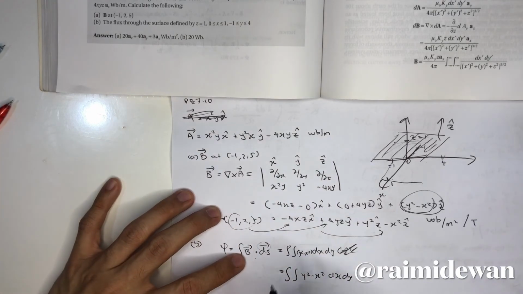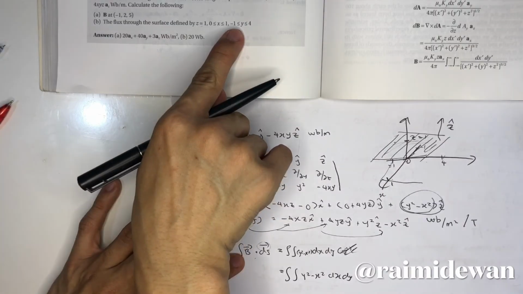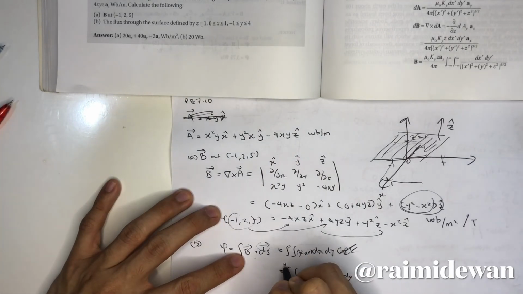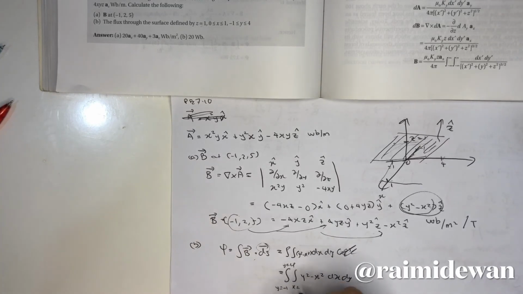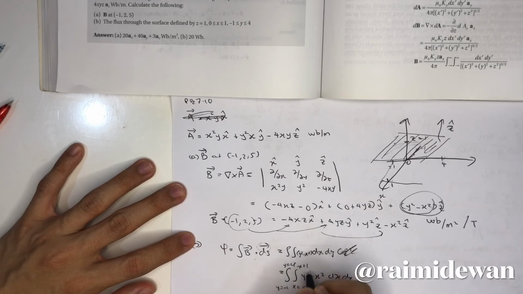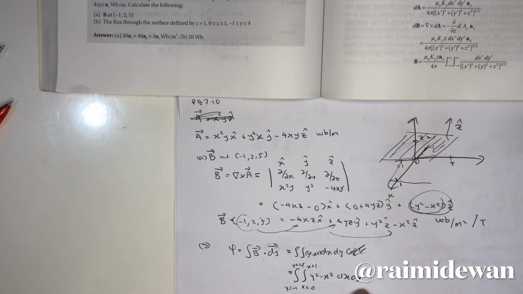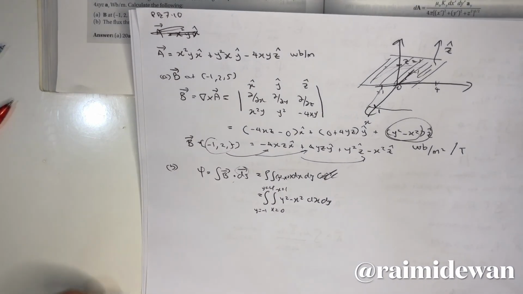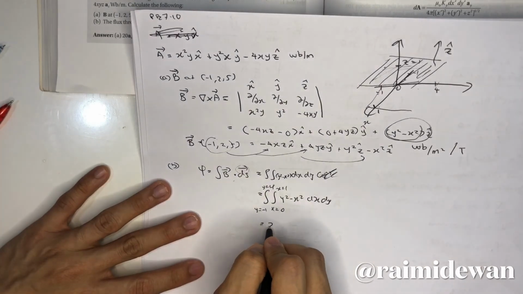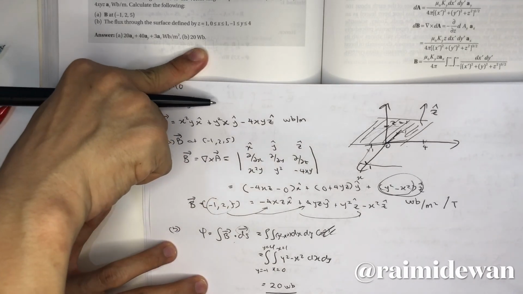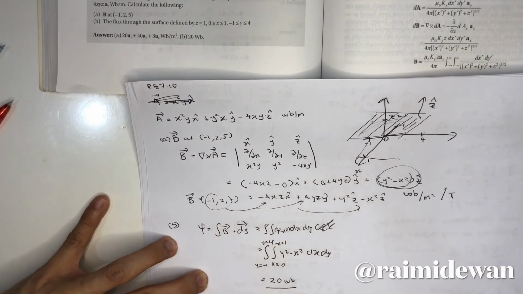For y, from negative 1 to 4, so you put y equals to negative 1 and y equals to 4, then x equals to 0 and x equals to 1. So you get your dx dy. Then you will get 20 Weber. The correct answer is stated here, so it's just solving this, then you will get it.